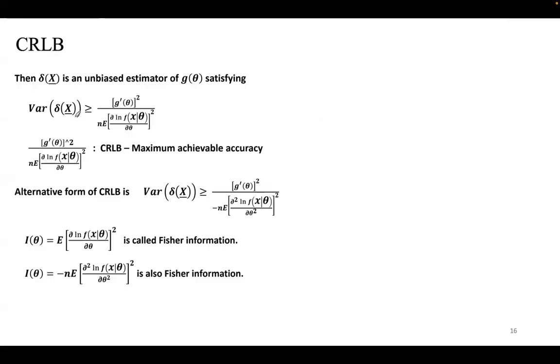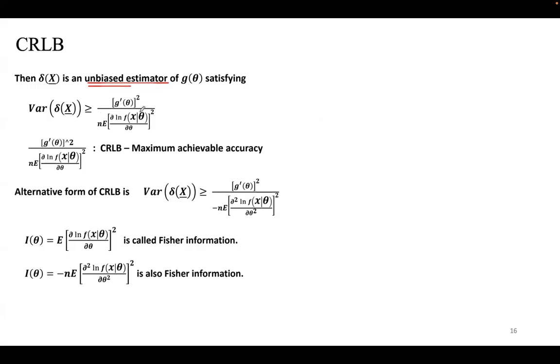So what we are doing is we want to estimate the minimum variance that an unbiased estimator can have. An unbiased estimator is given as this, X bar with a lower bar. We are taking the first differential of theta, the actual estimator, and squaring that.